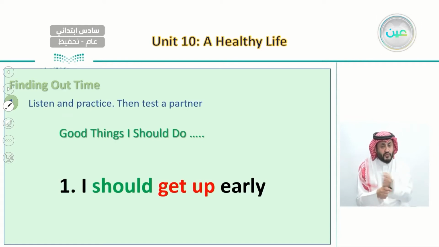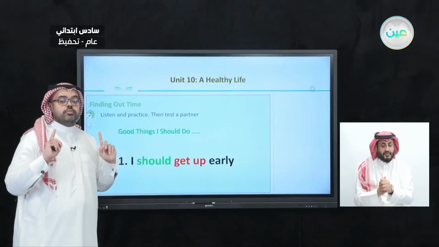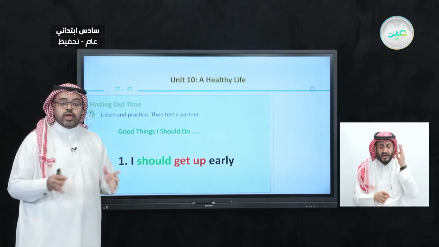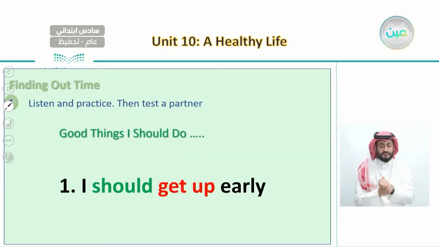I'm going to say them and I would like you to listen and say them after me. So, good things I should do. Number 1, I should get up early.